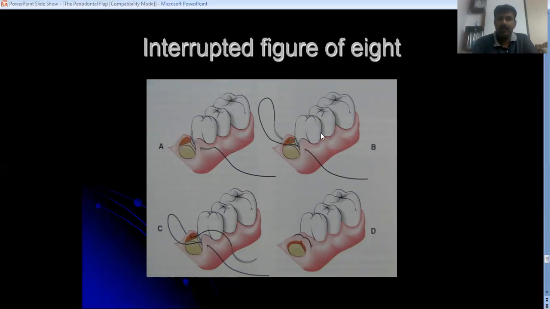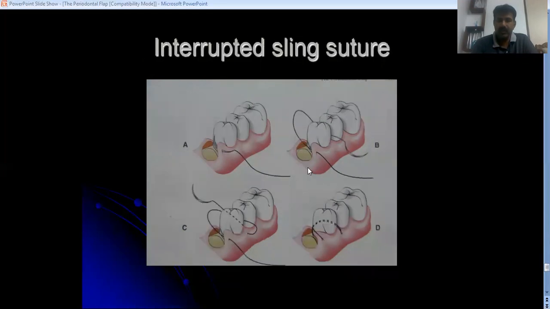Then you tie it. It is known as a figure of 8 suture. And these are sling sutures. I'm not going to explain all of these. Basically, you have to go to a textbook, and preferably practice this on models to understand the different types of sutures.